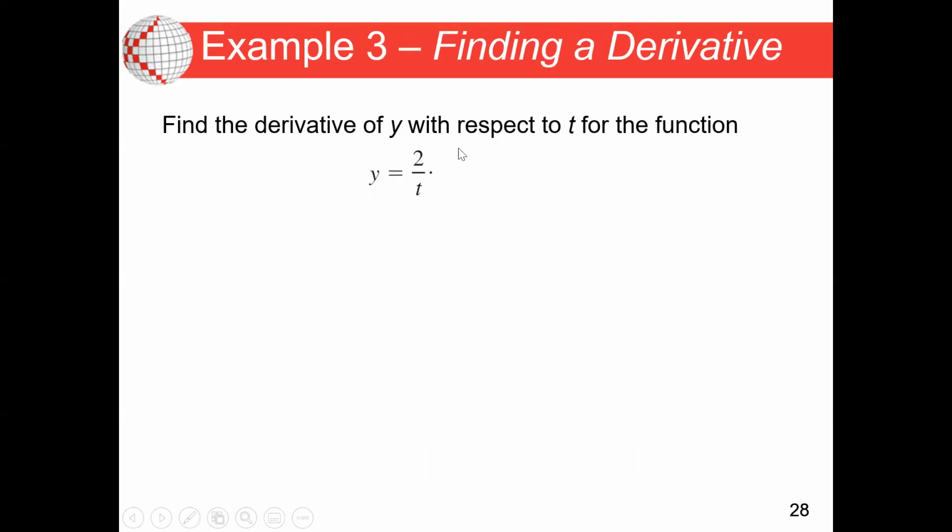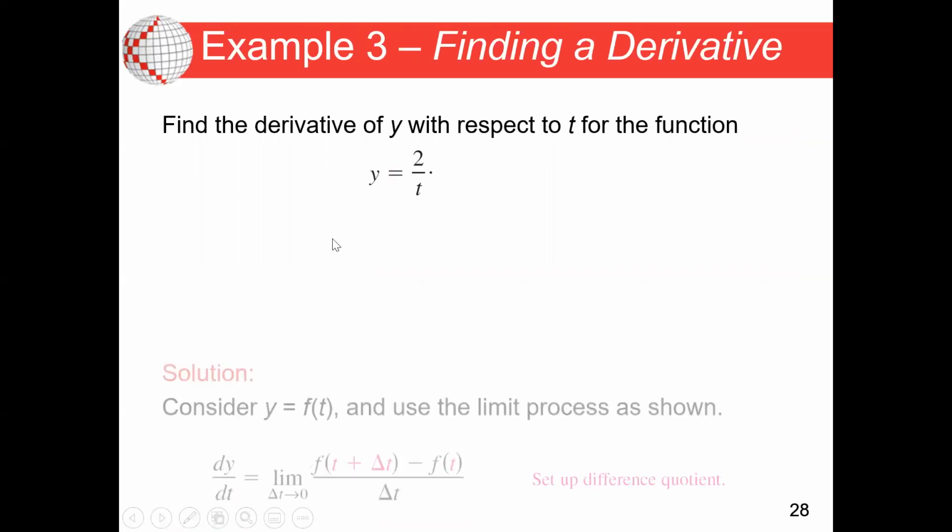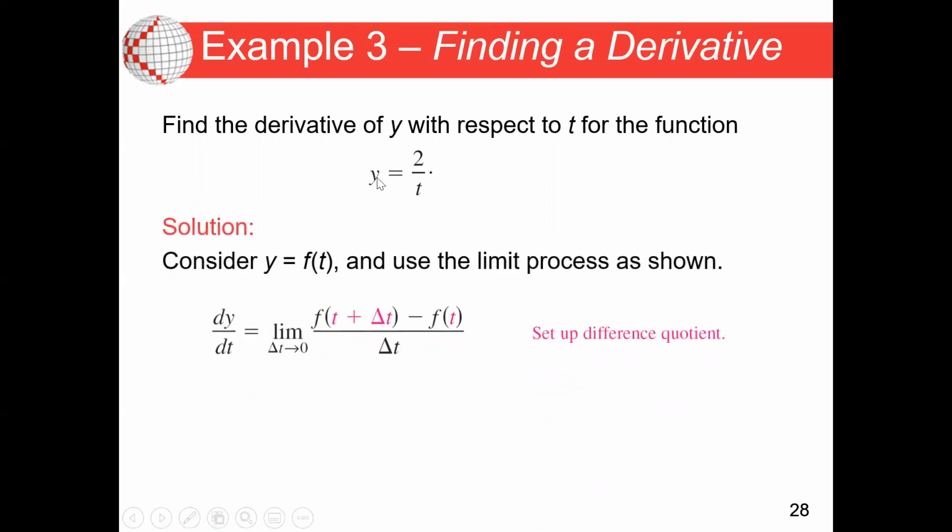So find the derivative of y with respect to t for the function. Here we use the limit process. So if it's y, I'm going to look for dy/dt because it's with respect to t. So dy/dt will give me the limit as dt approaches 0 of f of t plus dt minus f of t, divided by dt.